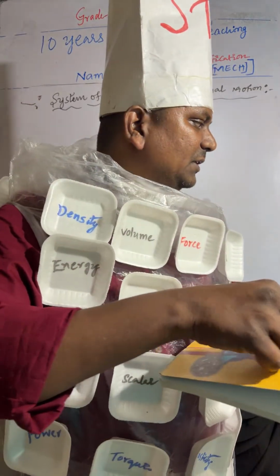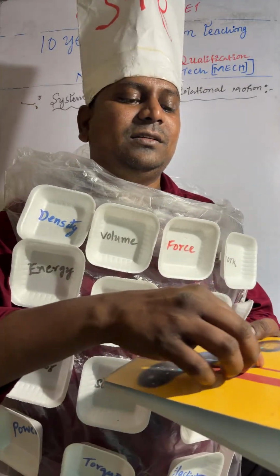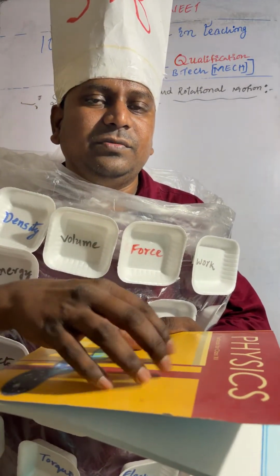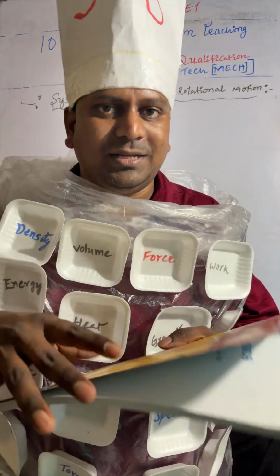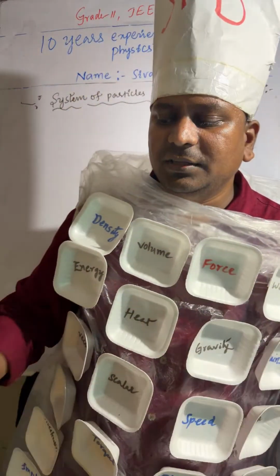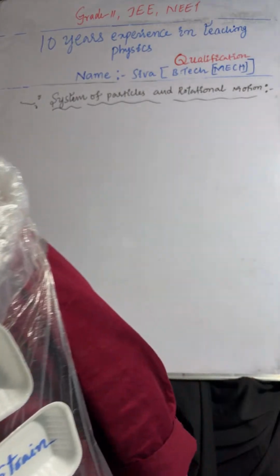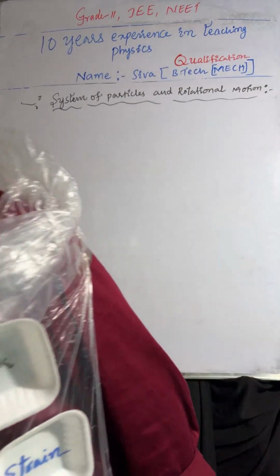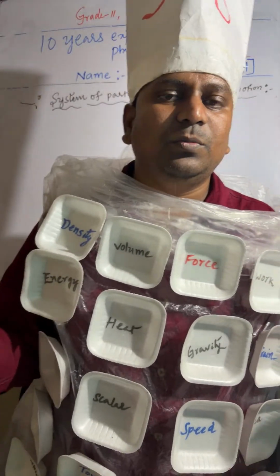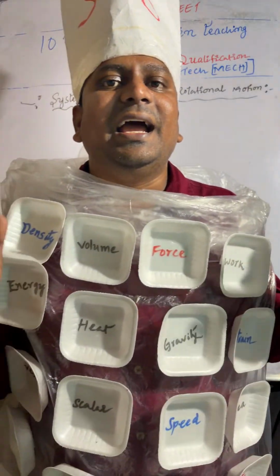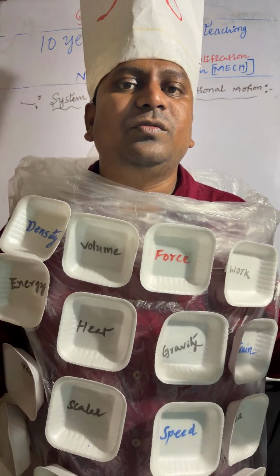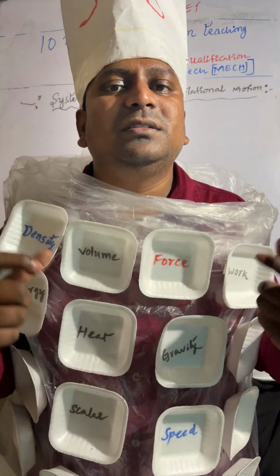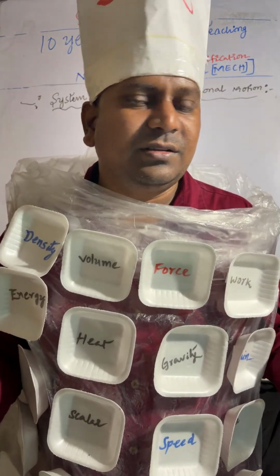Even if you hold at the center, we can balance the total mass. That is the center of mass of the body. The total mass of the body is concentrated at one point, so that is called center of mass.